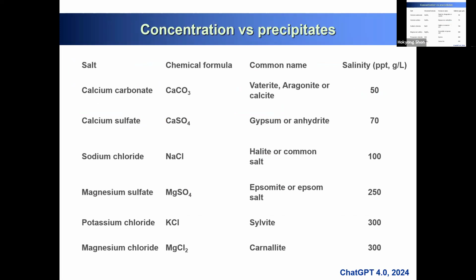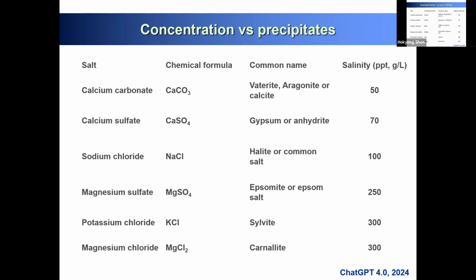So when you have a higher concentration of brine, through evaporation and a membrane crystallizer, you can precipitate calcium carbonate, calcium sulfate, sodium chloride, magnesium sulfate, potassium chloride, and magnesium chloride, depending on their concentration.